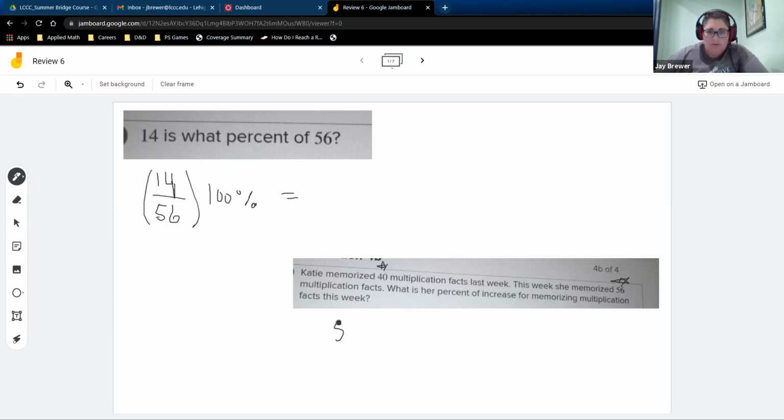So 56 minus 40. Get that amount, which is 16. Then you take 16 and you divide it by the original. Multiply it by 100%.